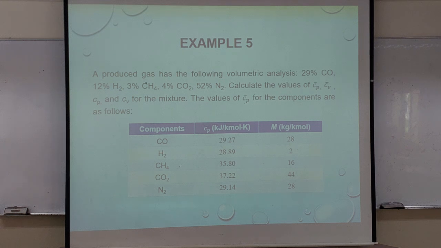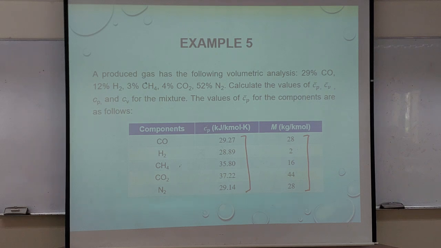So you need to calculate the value of CP bar, CV bar, CP, and CV for the mixture, and the values of CP bar for the components are as follows. You are given the CP bar value, the molar heat capacity, meaning the one in terms of kilomole, for all these 5 and their respective molar mass.